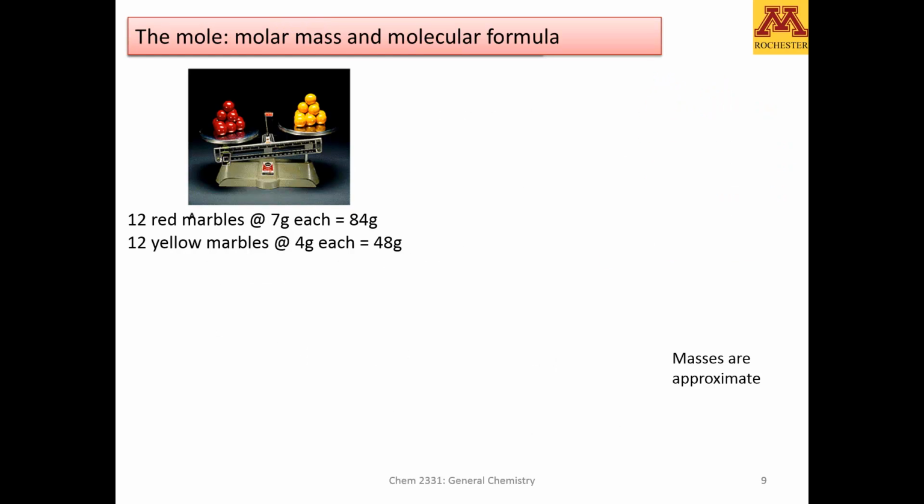So let me talk about how we can connect moles and mass. Let's say, for example, that we have 12 red marbles, and the red marbles are somewhat heavier, 7 grams each, and you have 12 yellow marbles, and they are 4 grams each. If you put 12 yellow and 12 red, of course, because the red are heavier, they're going to sink more on the scale.